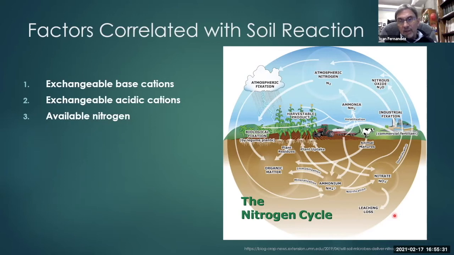We'll see that in a slide in a couple of minutes. But for the sake of time, nitrogen availability is directly correlated with pH, not because of this cation exchange phenomenon, but because of the impact on biology, specifically microbiology.